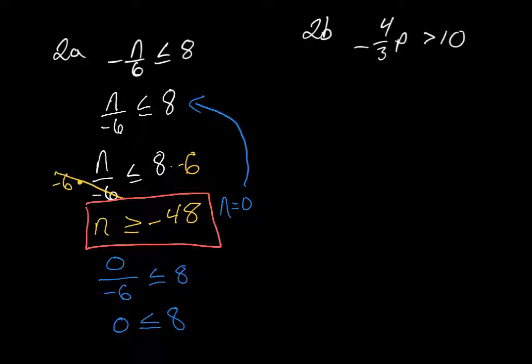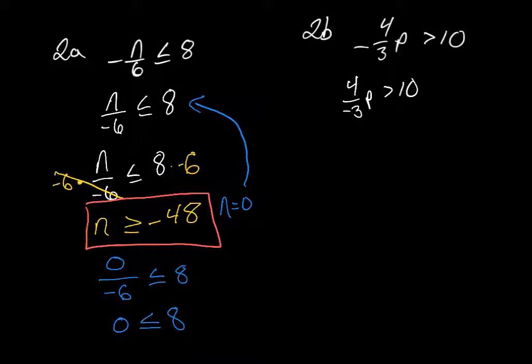Let's shift our attention quickly over to 2b. It doesn't matter where you put the negative, so I'll put it on the bottom here. So we have 4 over negative 3 times p is greater than 10.